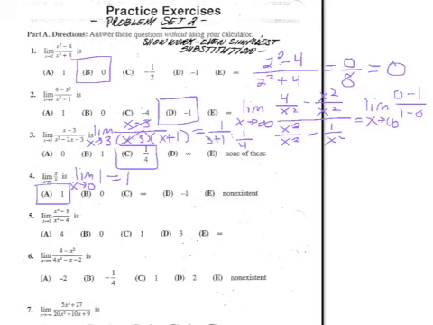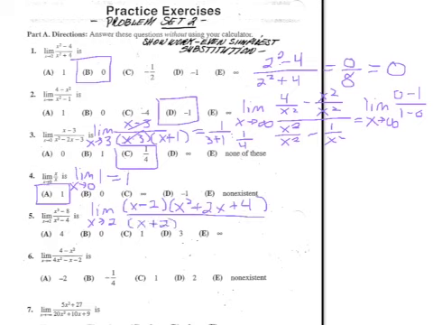For number 5, we want to use the sum of cubes to factor the numerator. So we have the limit as x approaches 2 of x minus 2 times x squared plus 2x plus 4 all over x plus 2 times x minus 2.